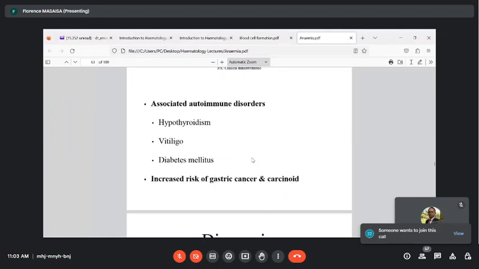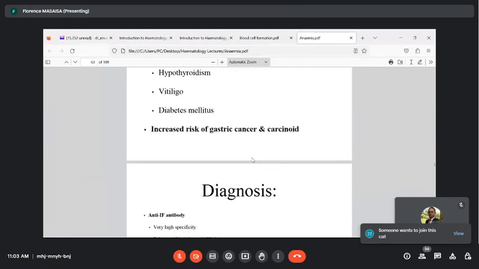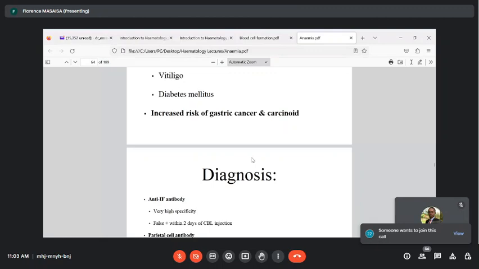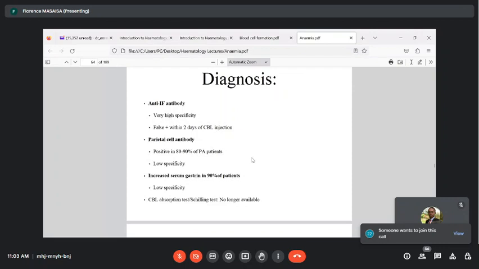As it's an autoimmune disease, they may also have association with other autoimmune diseases like hypothyroidism, vitiligo, and diabetes. Again, they have increased risk of gastric cancer or carcinoids. So how do you make the diagnosis? You may measure the anti-intrinsic factor antibody, which will be positive.